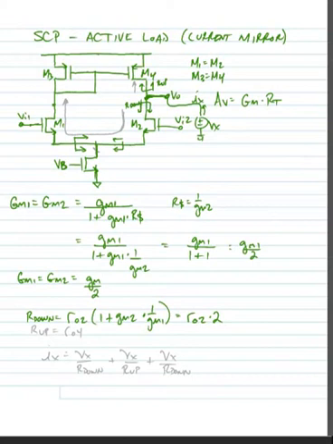Alright, now what's R up? R up is simply equal to RO4. So now let's find the current flowing into this node. We could say that IX is equal to VX divided by R down plus Vx divided by R up.